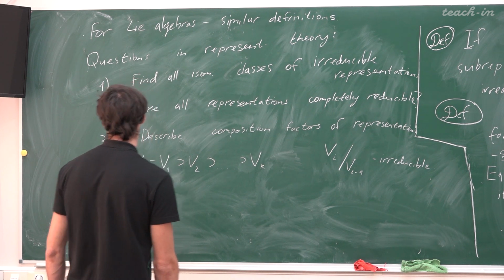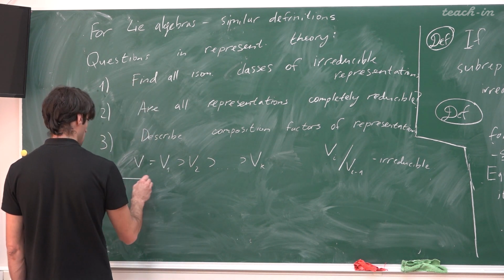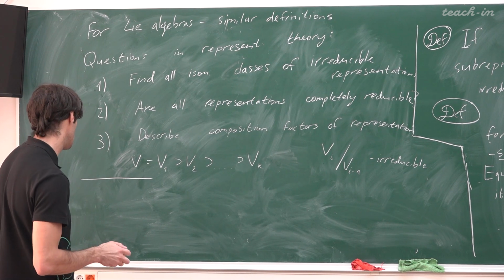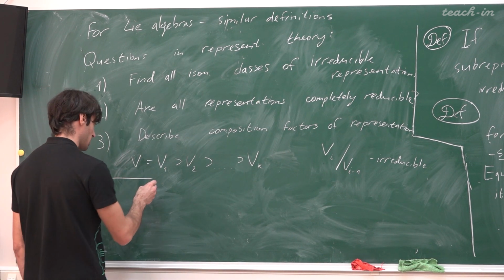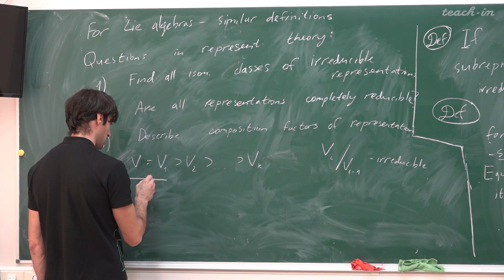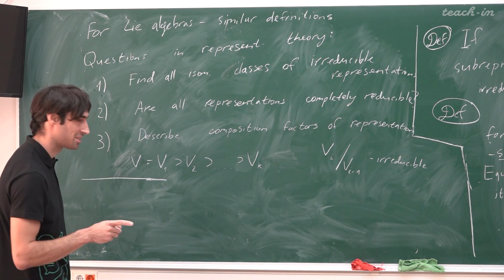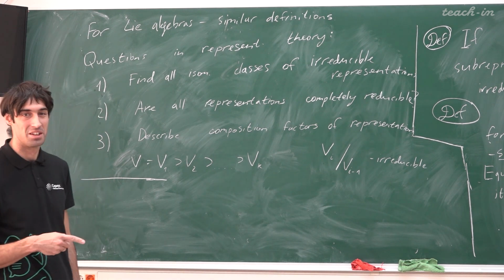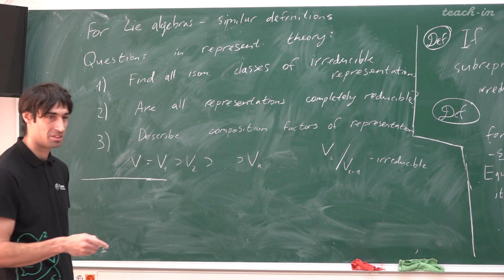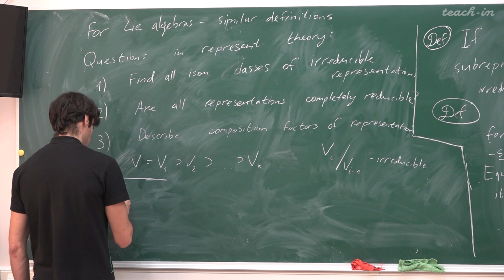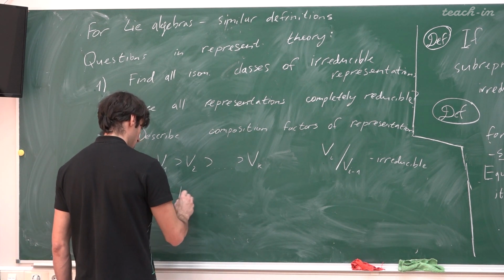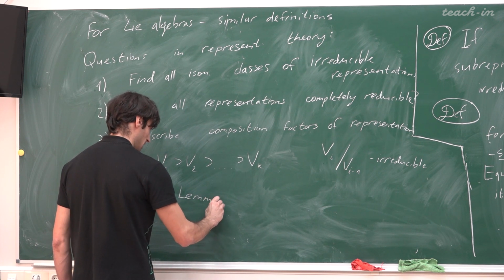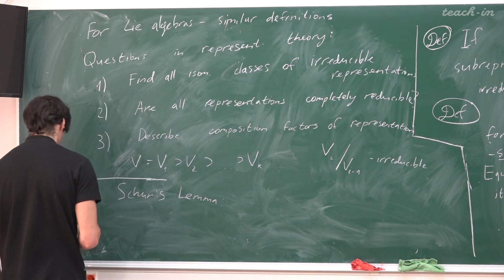Before that, let me formulate another general and simple thing, but it's fundamental. I kind of skipped it last year, and I had one request not to do this here. So Schur's lemma. Let's formulate and prove it.